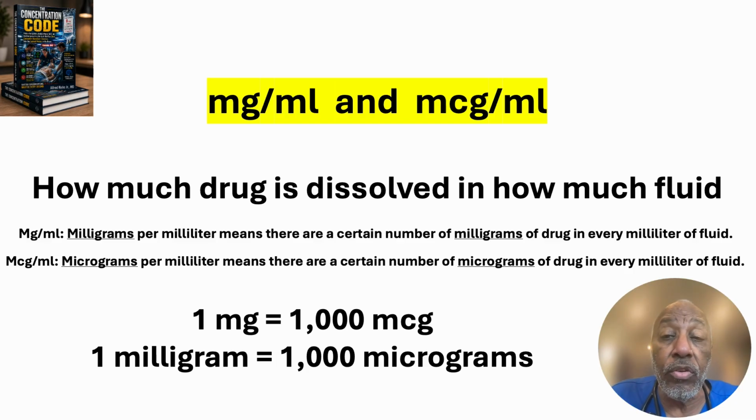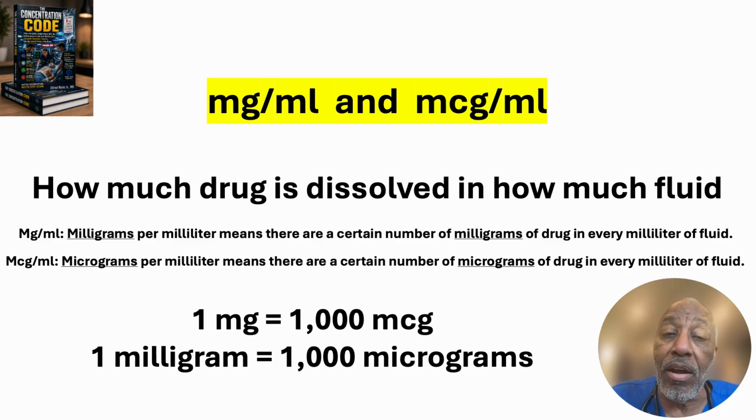The two units you'll see most often at the bedside are milligrams per milliliter and micrograms per milliliter. Both of them are just ways of expressing the same thing, and that is how much drug is in each milliliter of fluid. The difference between them is simply the size of the unit being used to measure the drug.